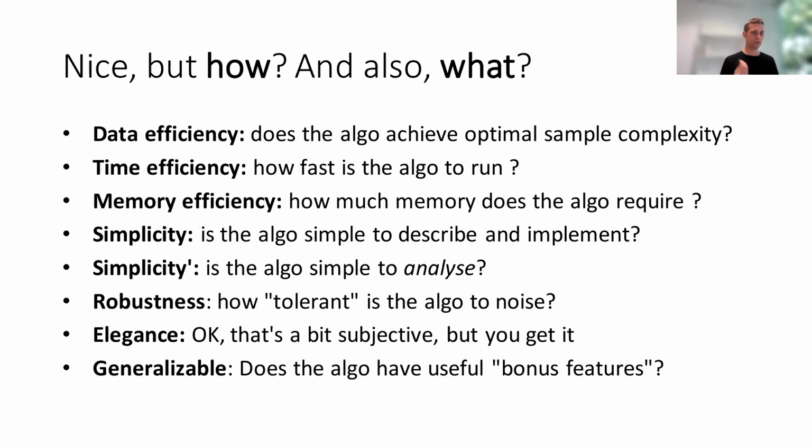A lot of times you want something more than just the guarantee. So you might want some bonus features of the algorithm. Is the algorithm also providing some nice robustness to outliers, some nice other things? Some of them will do, some of them won't, but it's important to keep those in mind because they might actually be critical for your application.